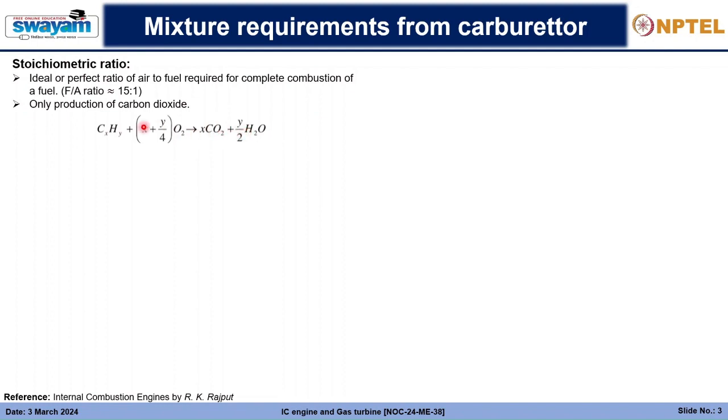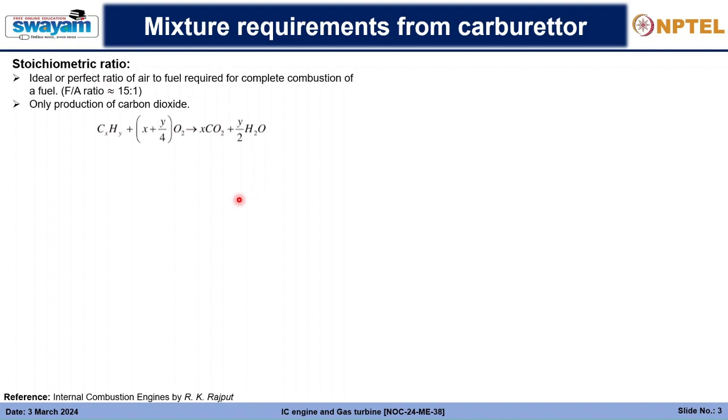And if we need to calculate how much oxygen we need to supply, that is X plus Y by 4, you will find the fuel to air ratio. So that's how the stoichiometric ratio is known.